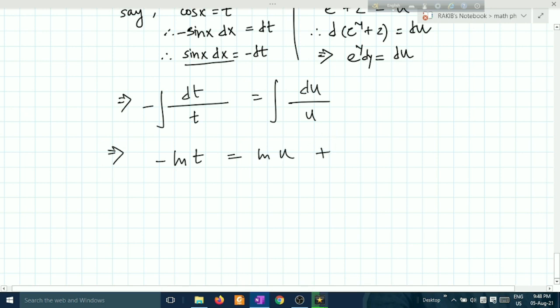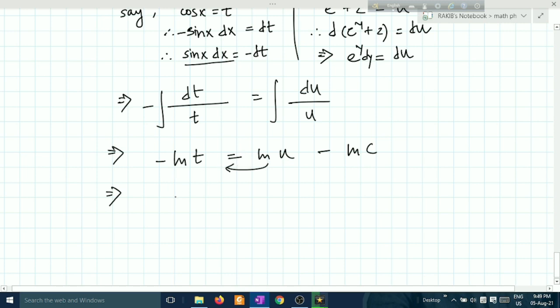As for the constant, I am taking minus ln c for simplicity. Why? You can take anything. Okay, so what will become here?